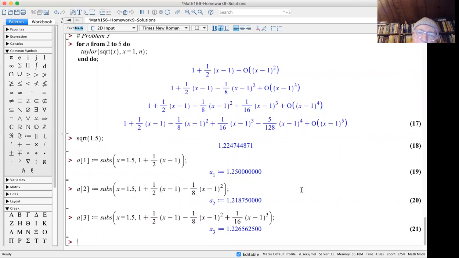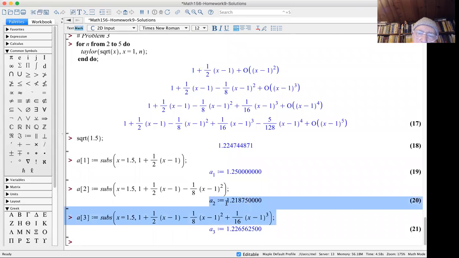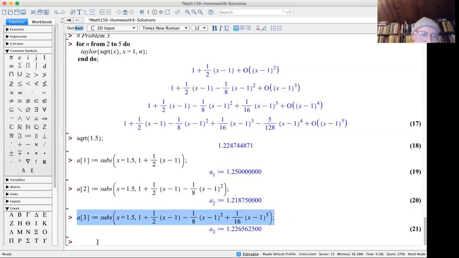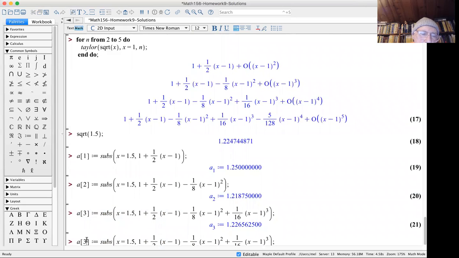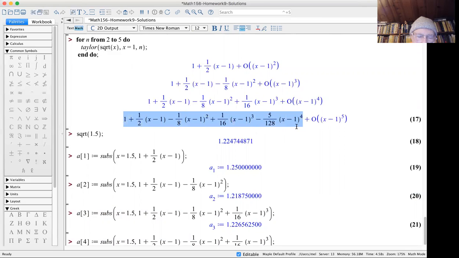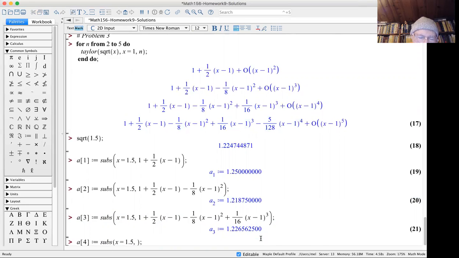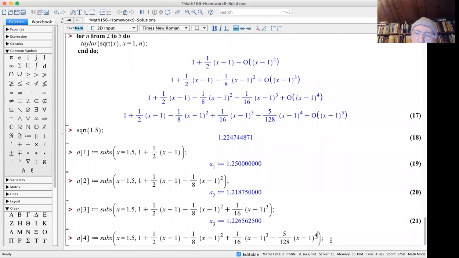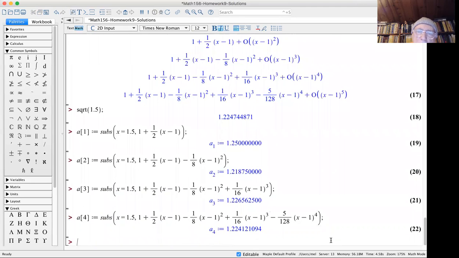That's what we get. And when I take the 4th degree polynomial, I get that. Now, this is accurate to 4 significant digits. So this is 1.2247. That's the truth. This is 1.22412.